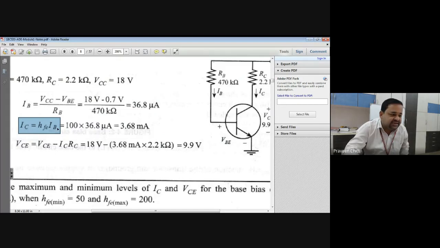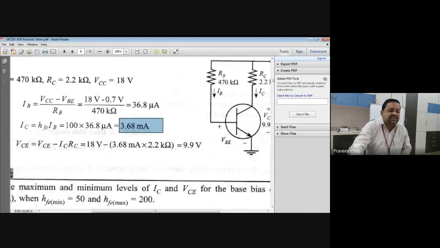The beta value given is 100. The value of HFE or beta is 100. IB we have computed. Substitute both, you will get IC. IC is 3.68 milliamperes. And once you get the value of IC, now you apply KVL to the output. Again, Aditi, what is the KVL equation for the output now?